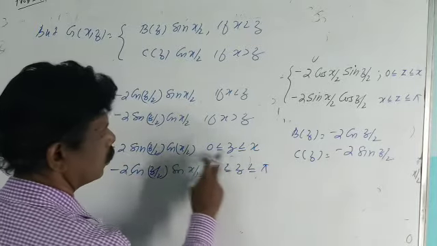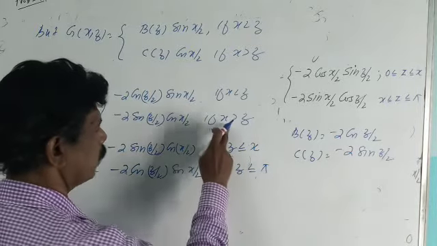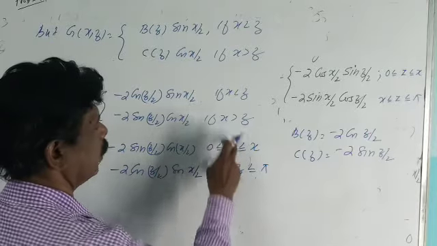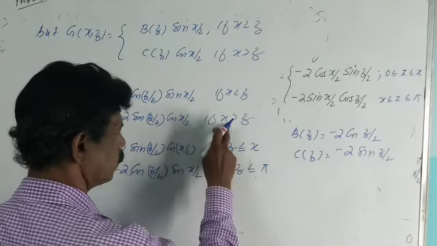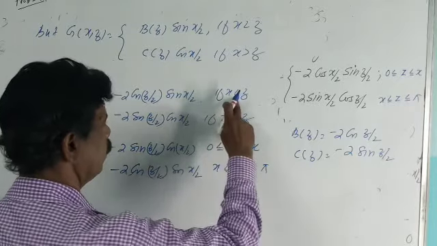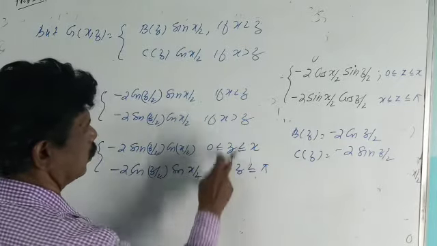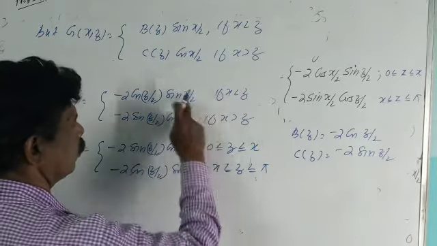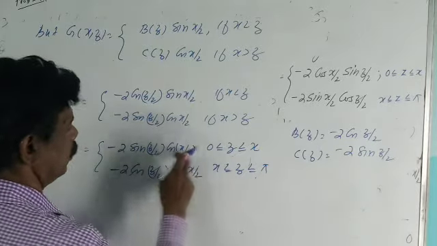The boundary condition is 0 to pi. That is x greater than z, that means z is less than x. And x less than z is this condition. So it will come here and it will come here.